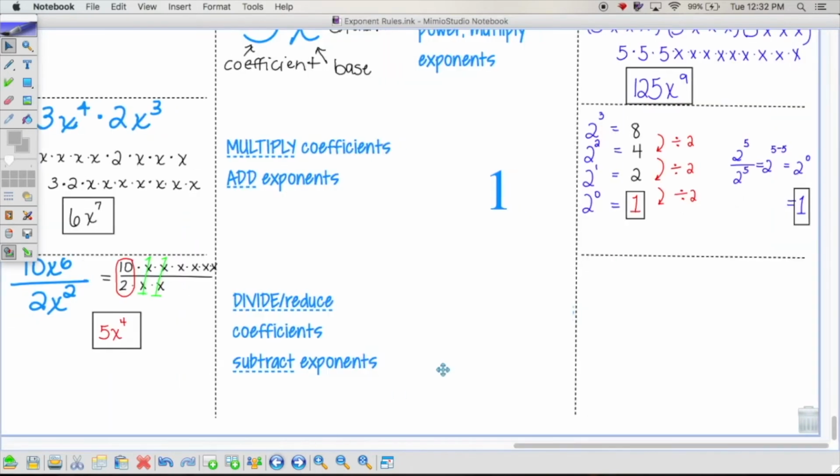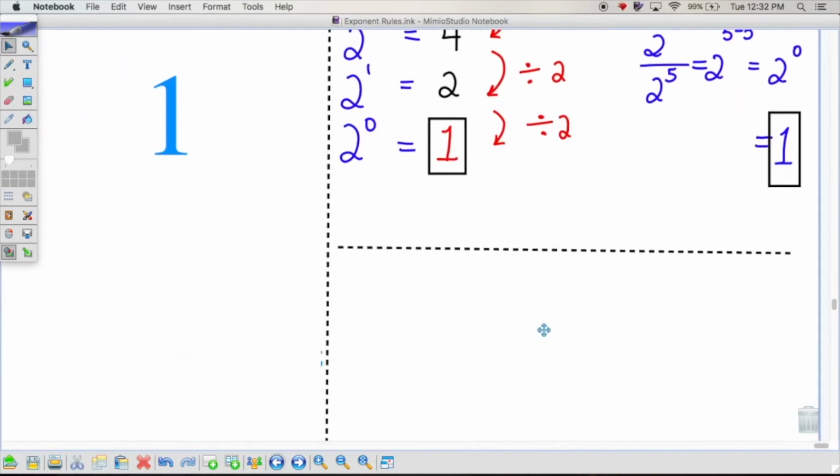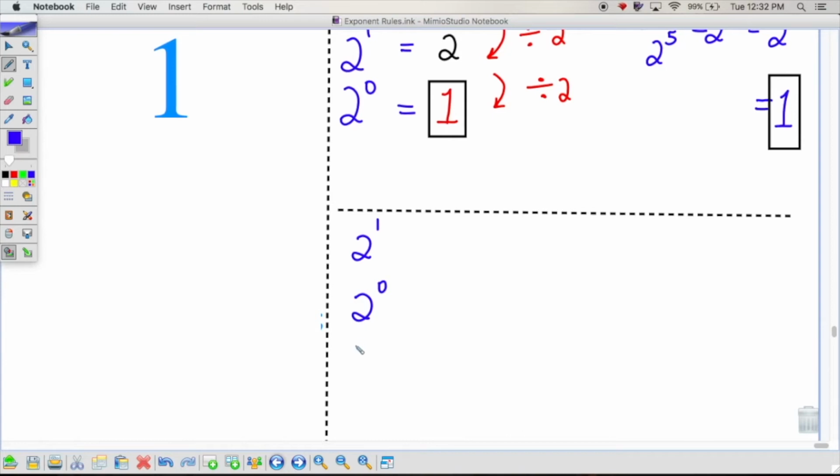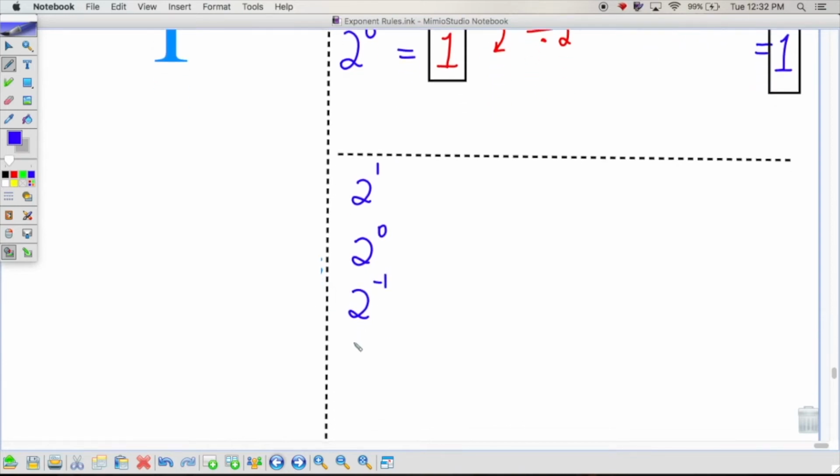Okay, on the inside, we're going to continue this pattern, the table that we were doing. So remember, I had 2 to the 1st power, 2 to the 0 power. I'm going to keep reducing the exponent by 1: 2 to the negative 1, 2 to the negative 2, 2 to the negative 3, and we're going to keep going down, continuing this pattern.